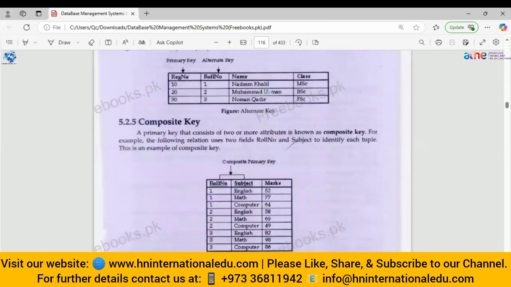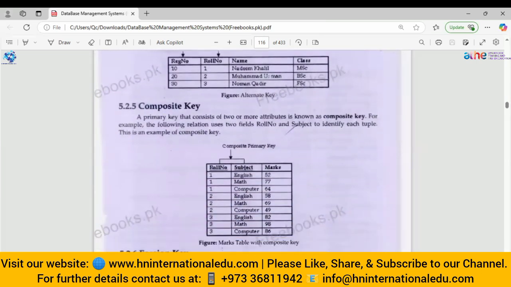Then after that we have the composite primary key, which means we combine two or more attributes together. Like we combine the roll number and the subject together so that they can make a primary key. For example, in the first column, roll number 1 is repeating 3 times, roll number 2 is repeating 3 times, and roll number 3 is also repeating 3 times.